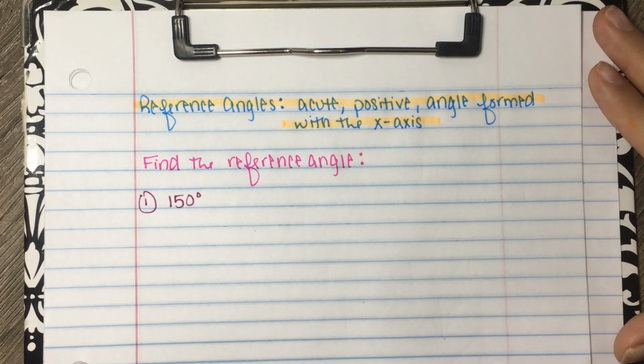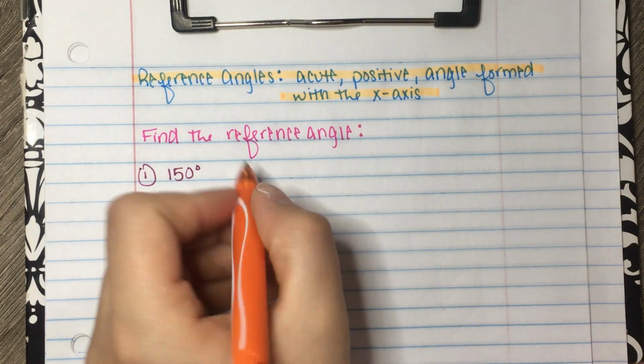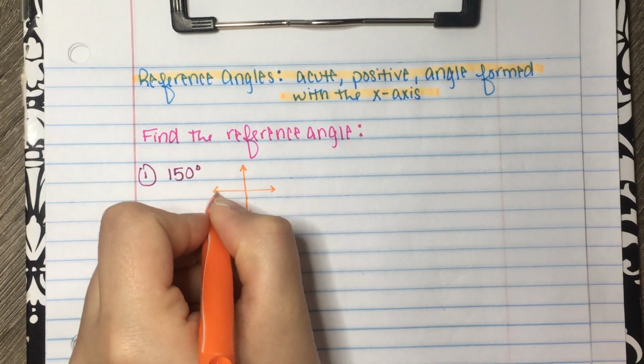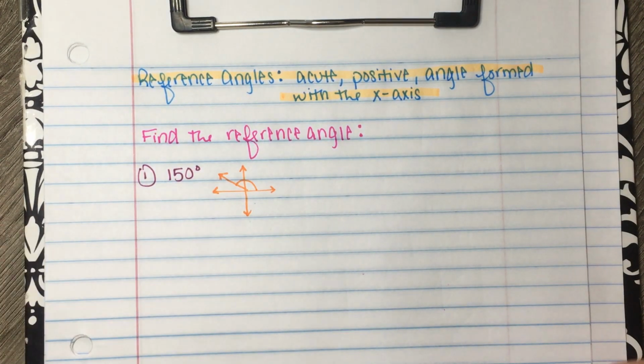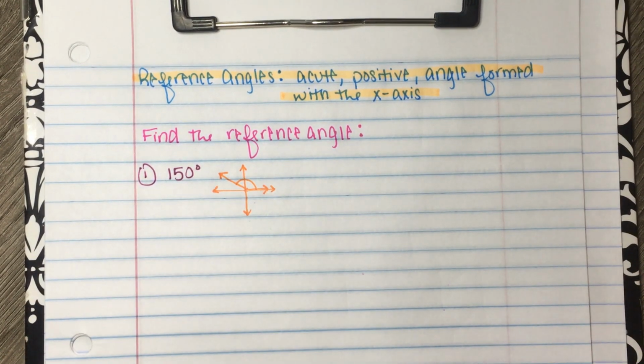Now you don't have to draw the angle, but I do think it's really helpful. So I'm going to start by drawing 150 degrees. We open up, we pass 90, and we're almost at 180. So that's 150 degrees, with the vertex, initial side, and terminal side.